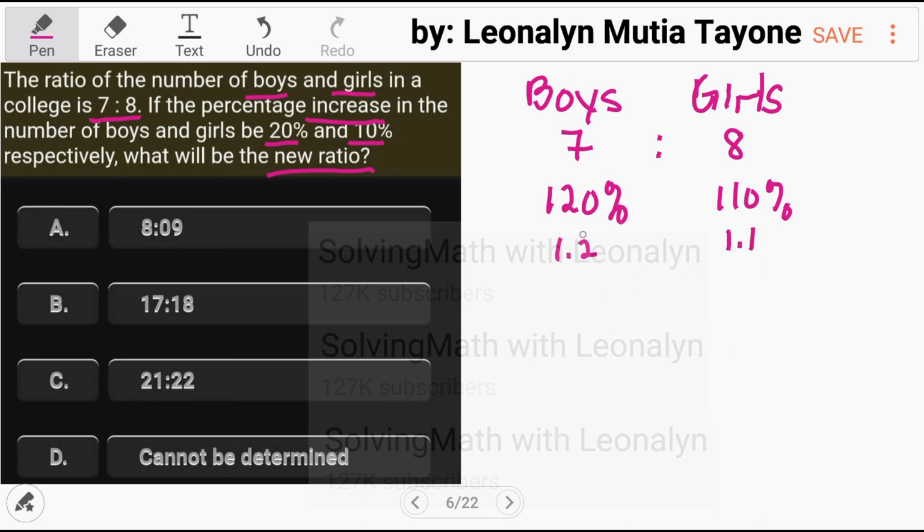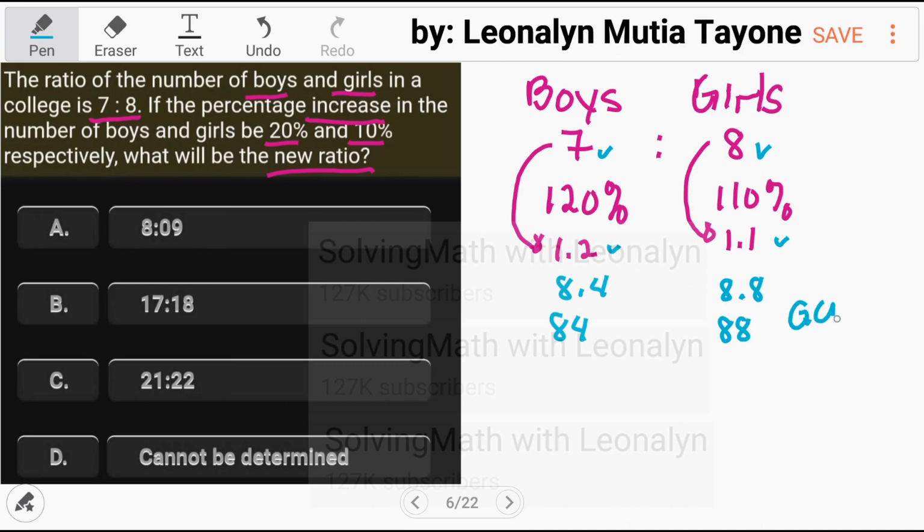Ang gagawin natin ay, since ito ay 120% of 7, so i-multiply natin sila. 7 times 1.2, and that is equals to 8.4. 8 times 1.1, and that is equals to 8.8. I-multiply natin yung dalawa by 10 para maging 84 at yung isa ay 88.